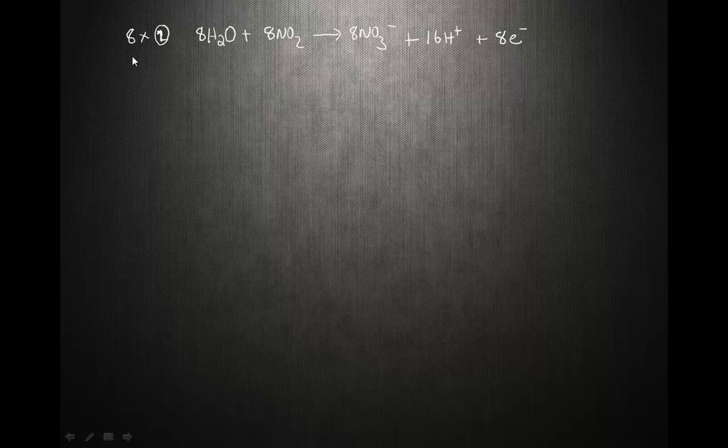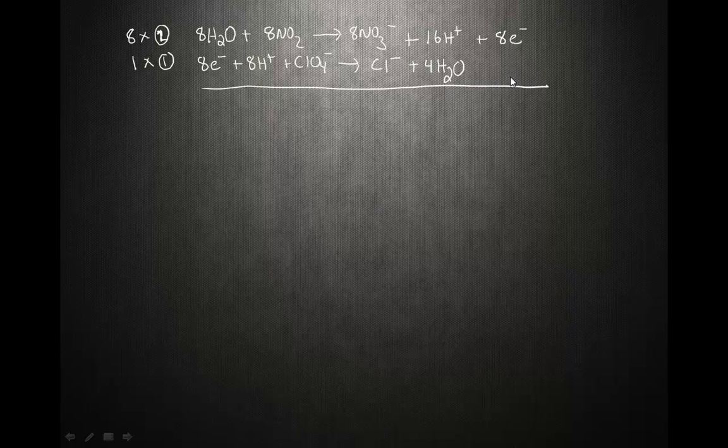And now we're going to take equation 1 and times it by 1. So we've got our 8 electrons up there plus 8 H pluses, ClO4 minus, forms Cl minus plus 4 H2O. And what we want to do is just add it up.